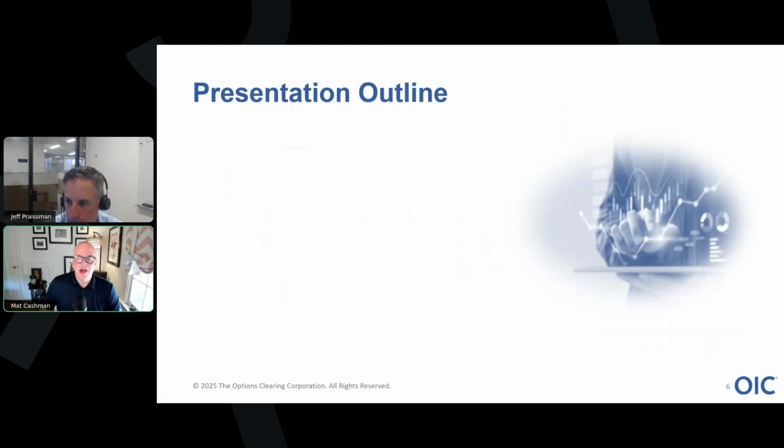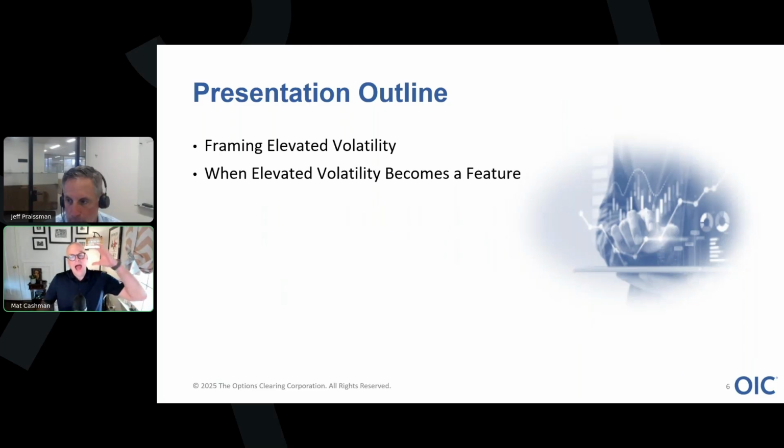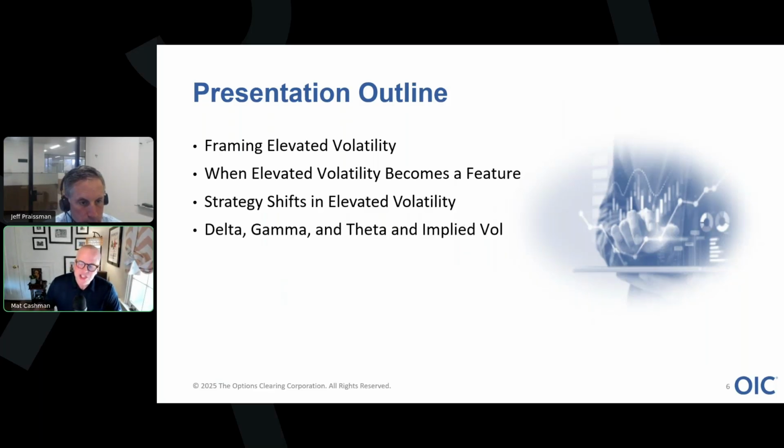So let's talk about how we're going to get you through that education. We're going to talk about framing elevated volatility. How can you think about it? What do you do when elevated volatility becomes a feature of the landscape and not something that just blips on your radar? How do those strategies shift in those situations? I'm going to talk specifically about delta, gamma, and theta and their relationship to implied volatility, because I think that's an important building block of how you understand how those things move.